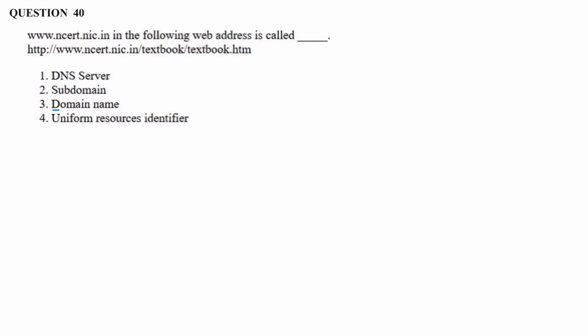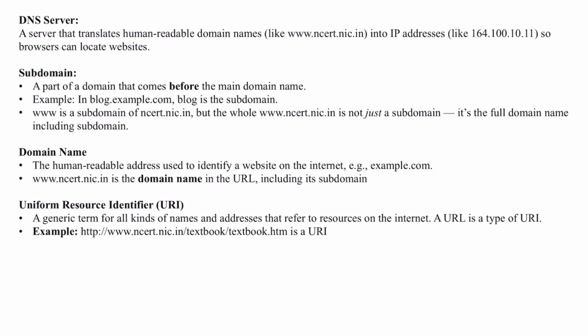Next question. www.ncert.nic.in in the following web address is called dash. It is domain name. Correct answer is option 3. So let us see in brief. DNS server, it is a server that translates human readable domain names into IP addresses.